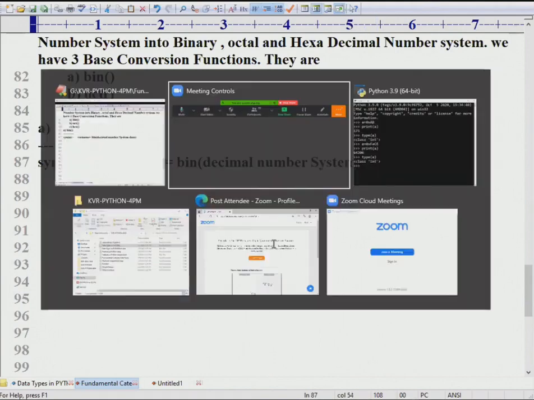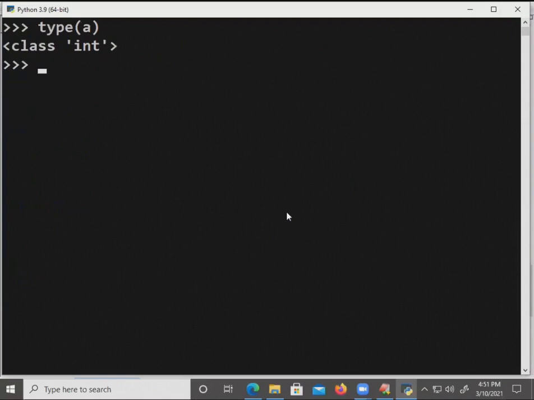Let us go to the example immediately. See here, I have A is equal to 15. Already we have the conversion of 15. So tell me, B is equal to bin of A, then print of B. What is the answer? What is the binary value of 15? 0b1111. Not just four ones, you need to say 0b like this.